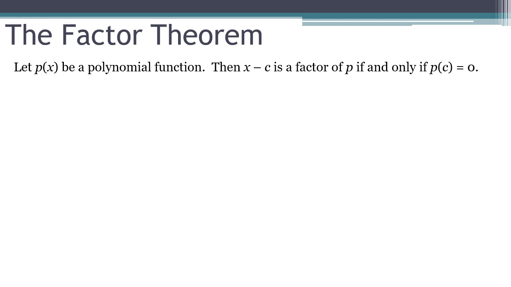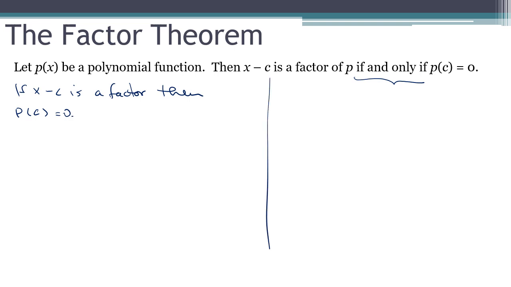This is a good one for us to look at if you're kind of new to proving things. This if and only if here, it sounds like we're just trying to emphasize the point, but it isn't. This is a technical term. When you see if and only if in a theorem, that means there's actually two theorems in one. The first one is: if x minus c is a factor, then p of c equals 0.